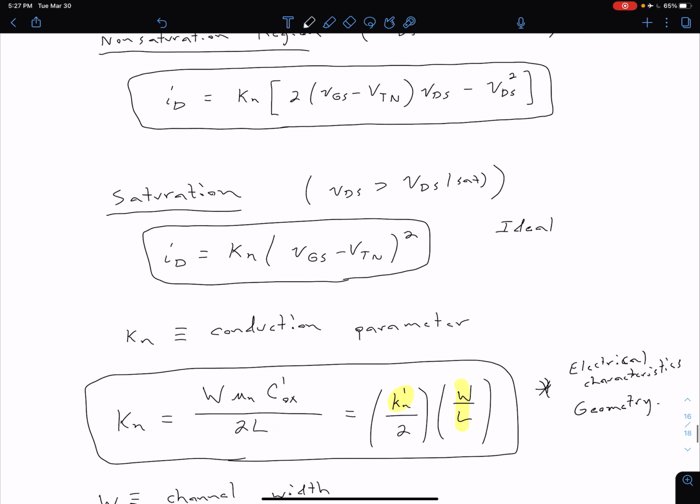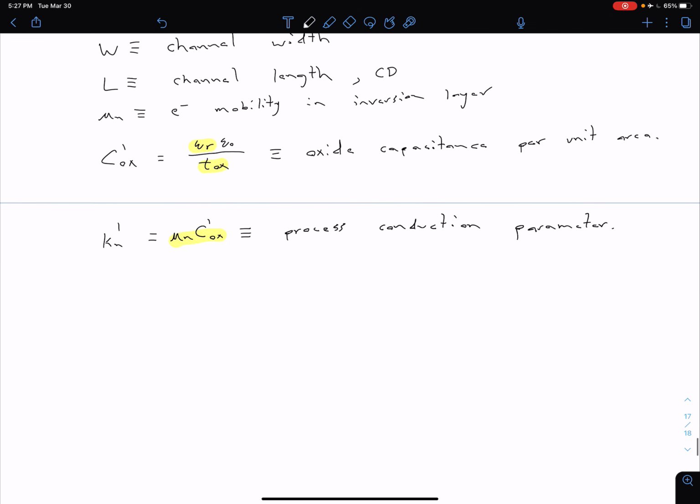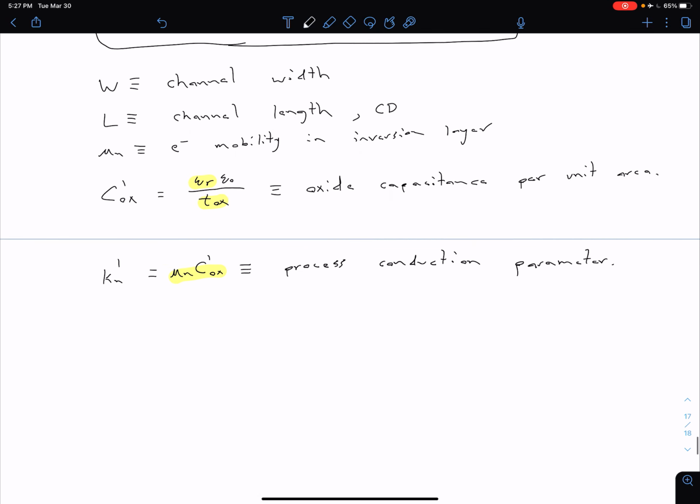Note again that that conduction parameter, capital K sub n, appears in both of these ID equations for our non-saturation and our saturation region. It turns out that that lowercase k sub n prime is usually fairly constant for a given fabrication technology or fabrication process.